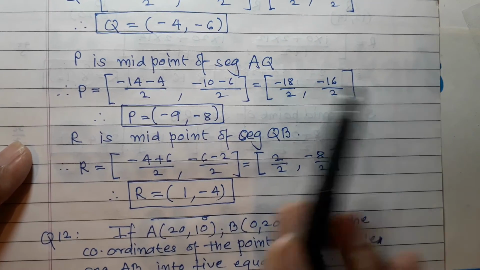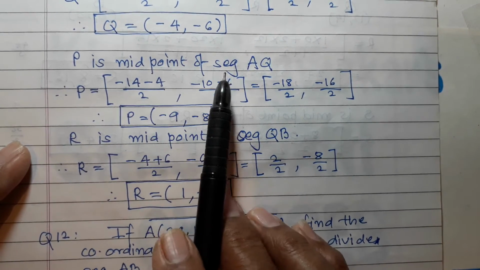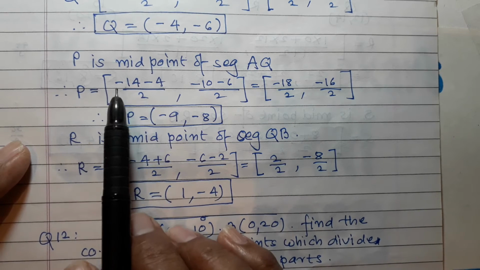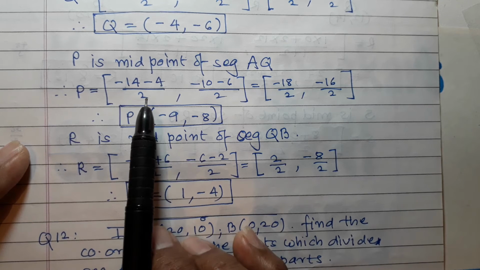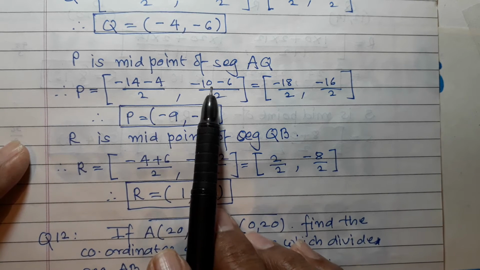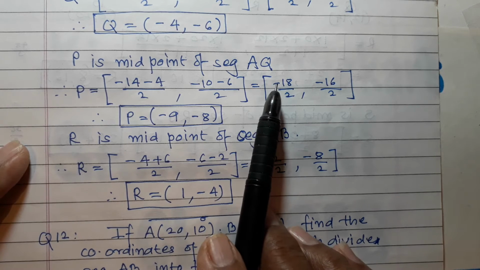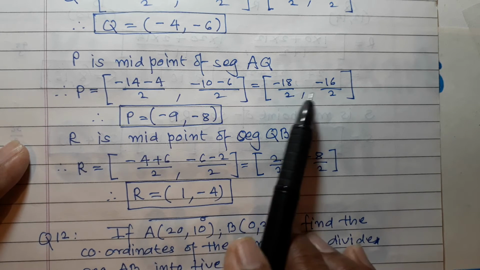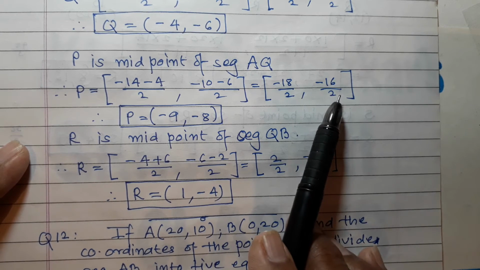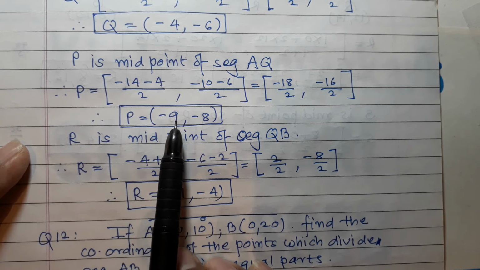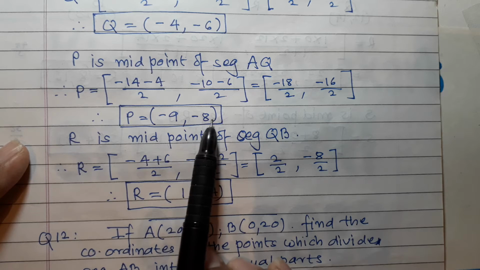Then P is the midpoint of AQ and therefore P is equal to ((-14 - 4)/2, (-10 - 6)/2) is equal to (-18/2, -16/2), and therefore P is equal to (-9, -8).